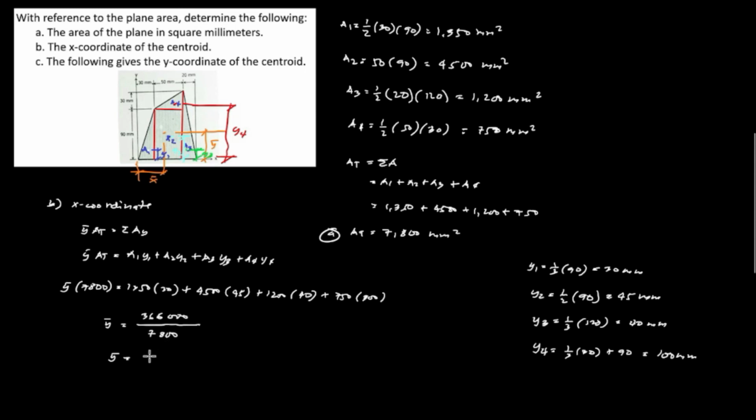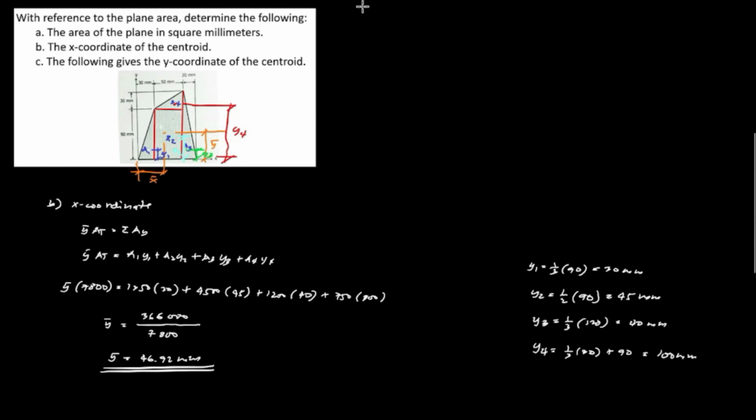Y bar is equal to 366,000 all over 7,800, and y bar is equal to 46.92 millimeter, and this is the distance from the x coordinate, which is 46.92 millimeter.